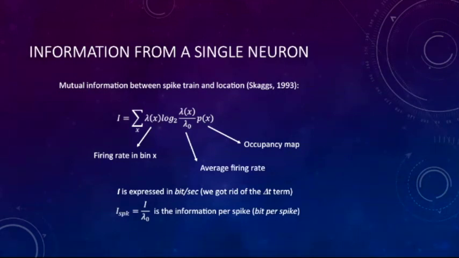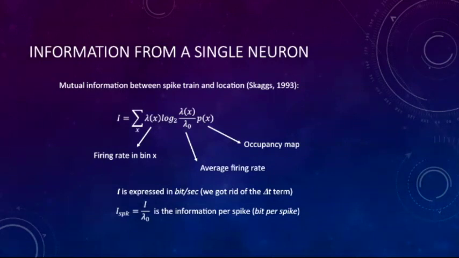And then that gives you an information rate, meaning in bits per second, okay? Because you basically get rid of the delta t term in this equation compared to the previous one. And if you divide this information again by the average firing rate, that will give you the information per spike.